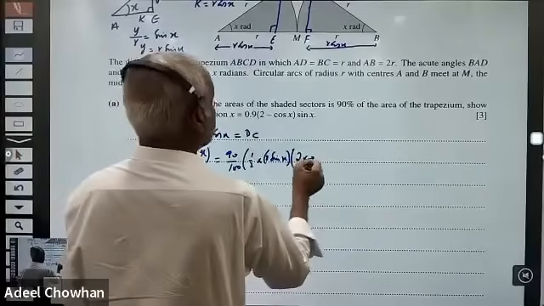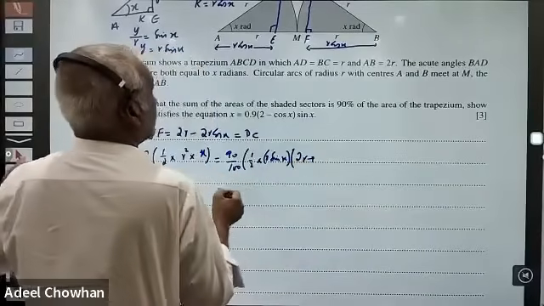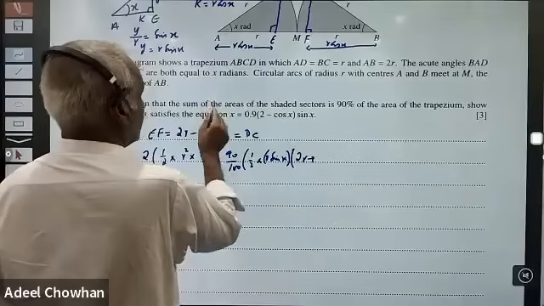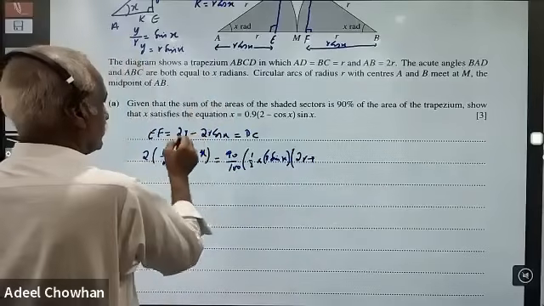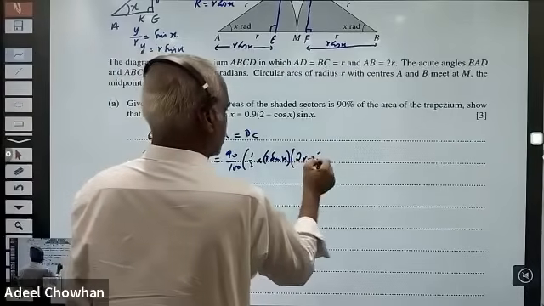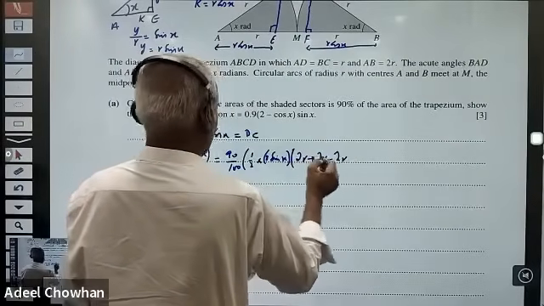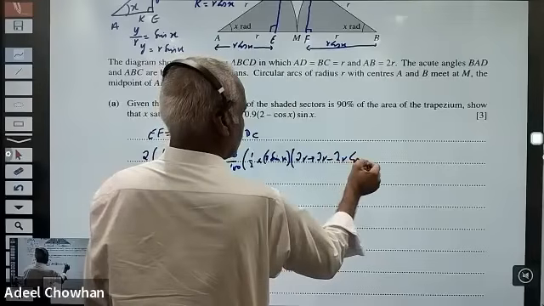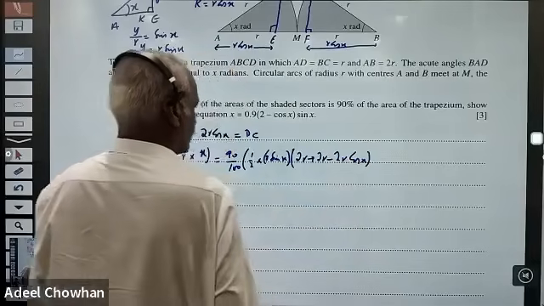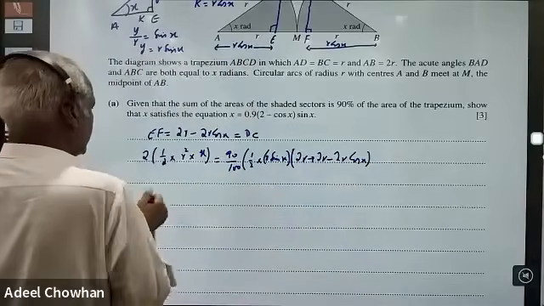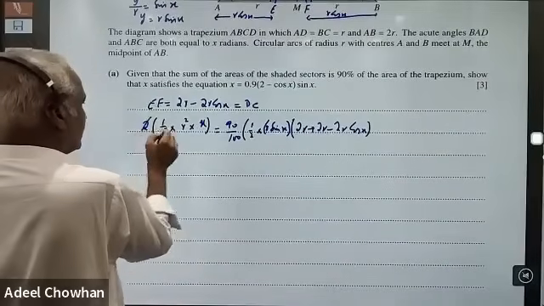plus EF, which is basically equal to 2R minus 2R cos of X. So it should be equal to, this 2 and 2 cancel.